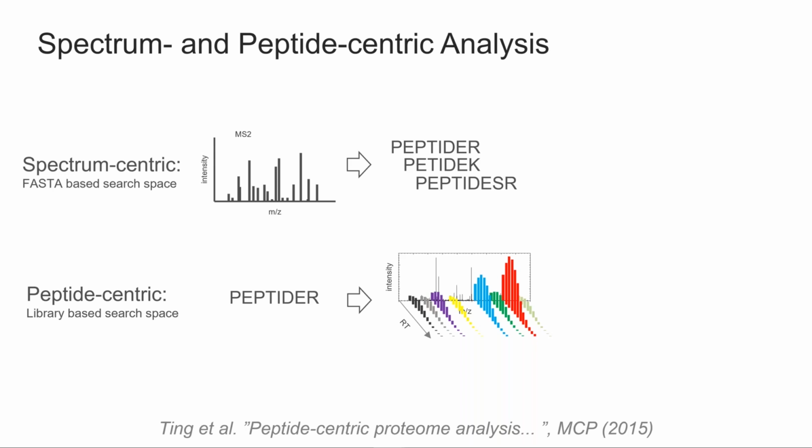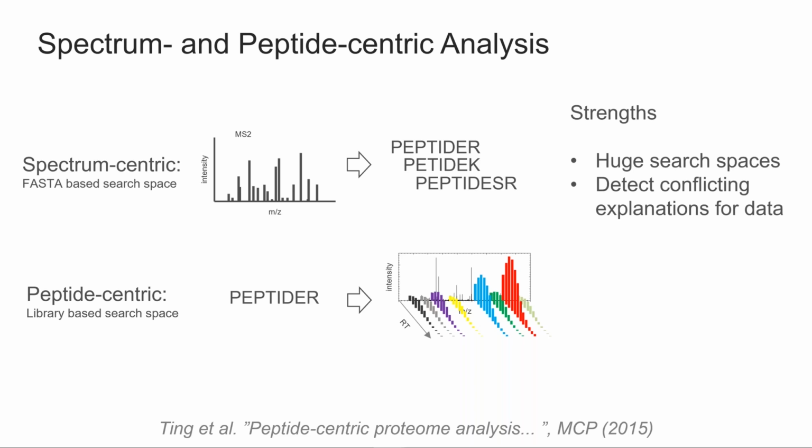Now, inherent to these completely different ways of analyzing your data, there are certain advantages. And one advantage for the spectrum-centric way of analyzing the data is certainly to deal with huge search space. For instance, a phosphoproteomic search space, or in general PTMs, or also other kinds of very large search spaces.